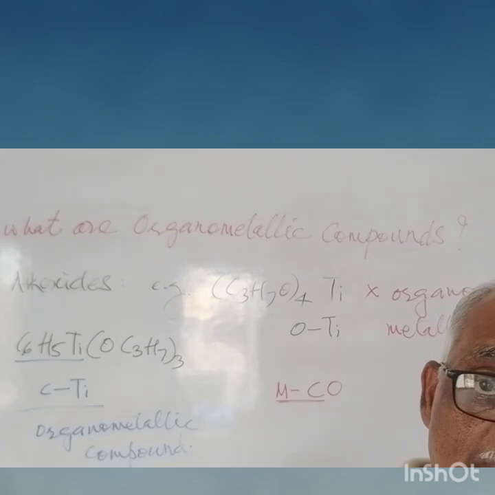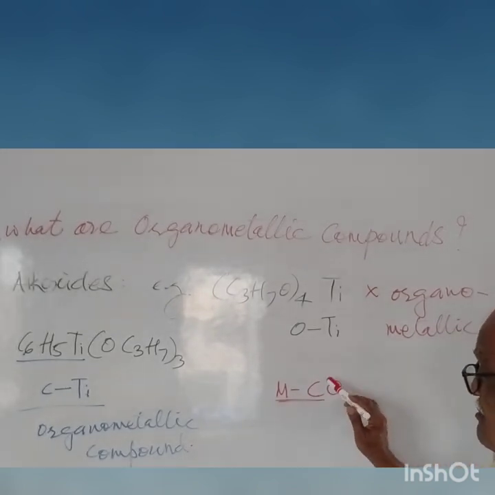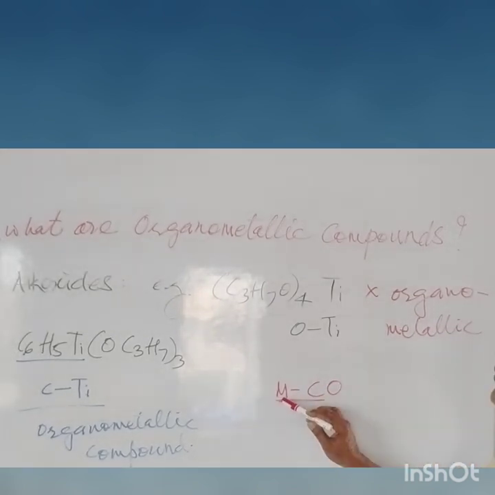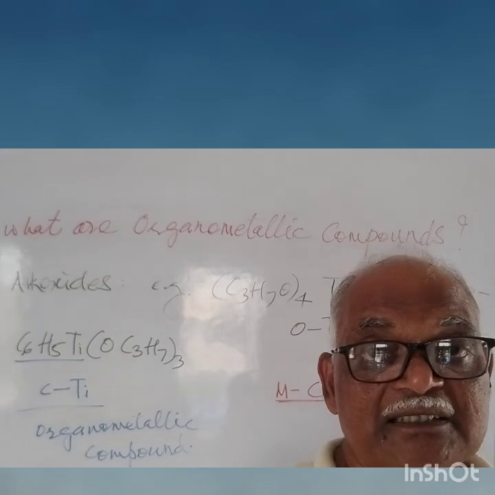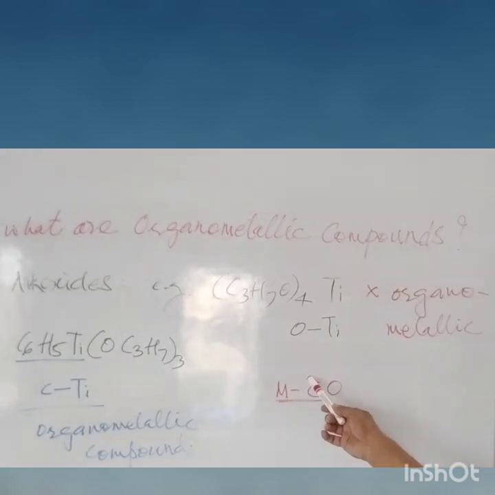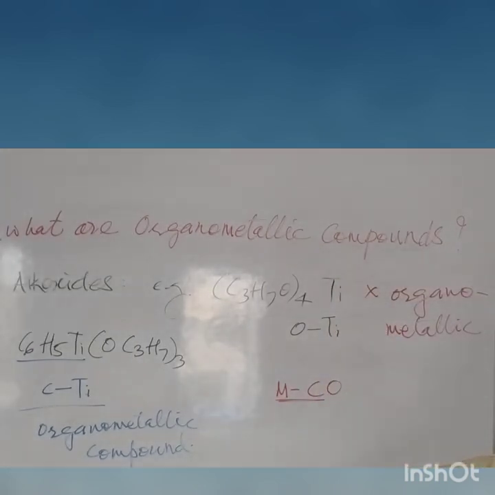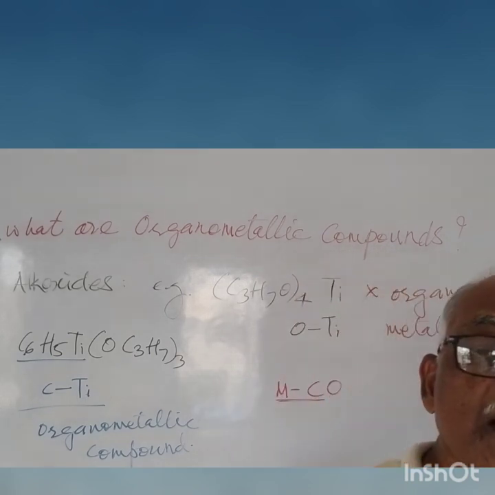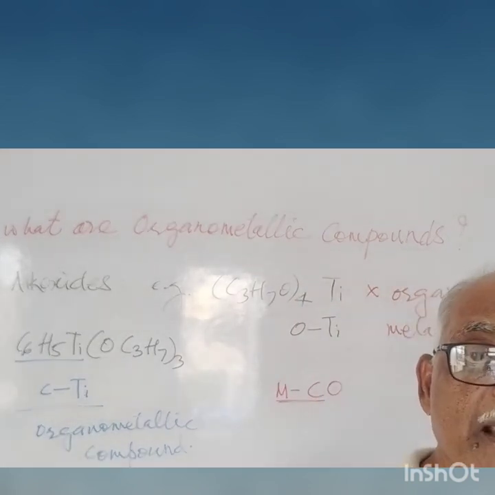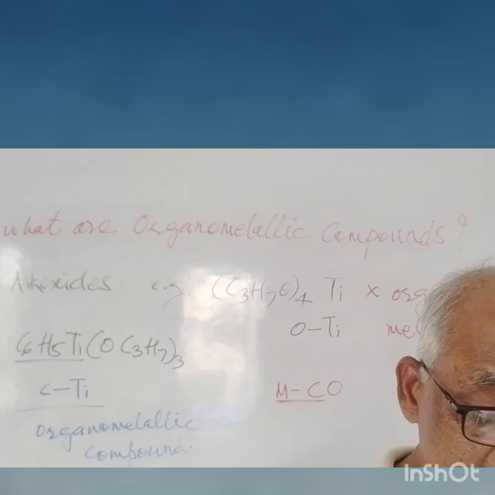But if there are one or more bonds between metal and carbon, where carbon is part of an organic species, then it may have some additional linkages with carbon monoxide, and in such compounds we can say it is an organometallic compound.